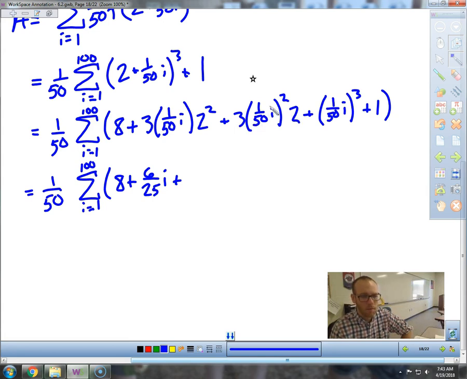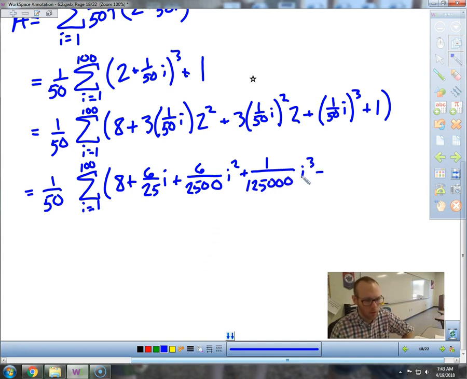I would have 1/50th squared, so that's 6 over 2500 from that 50 squared, and the i is squared, plus 1 over 50 cubed. 1/50th cubed would be 125 with 3 zeros. i cubed plus 1. You know what? I'm going to take that plus 1 and put it with my 8 up here. Make that a 9.